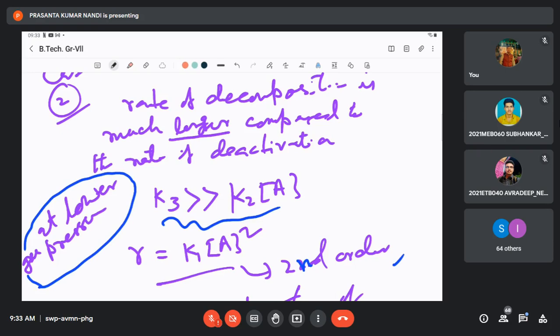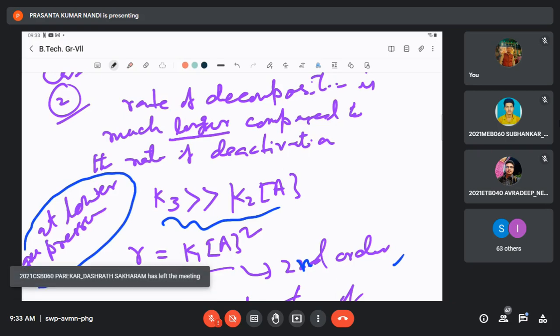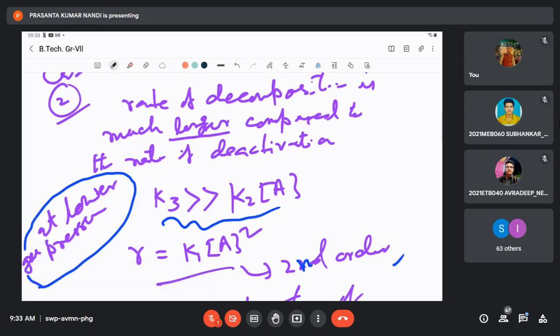After this collision, that energy may be dispersed. The energy level of that activated species will be lowered to the ground state by releasing the excess energy. So this is the way of deactivation.